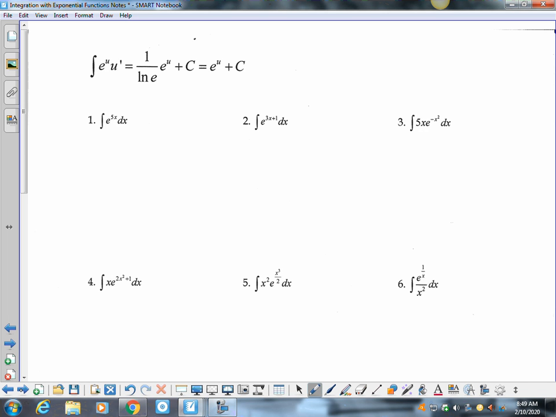How are these different? These are e's. So the rule is exactly the same. But what's 1 over ln of e? So this piece right here is still part of my rule, but this goes to 1. So it really ends up just being that.